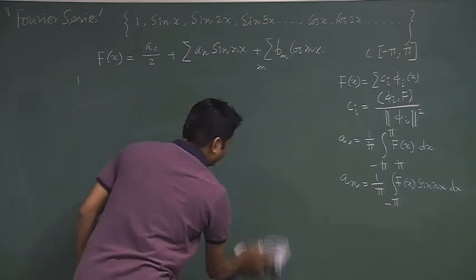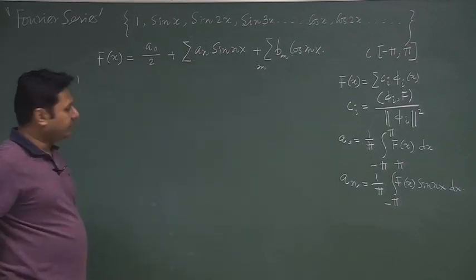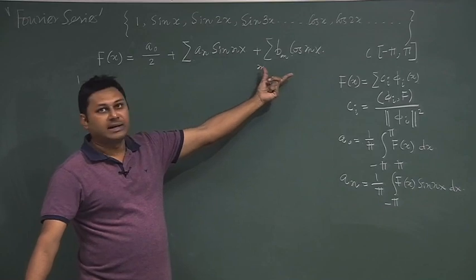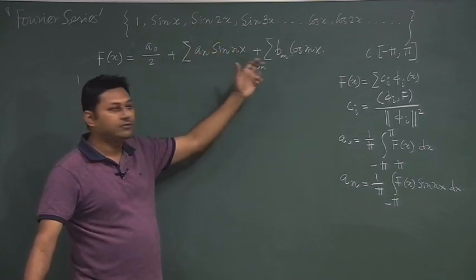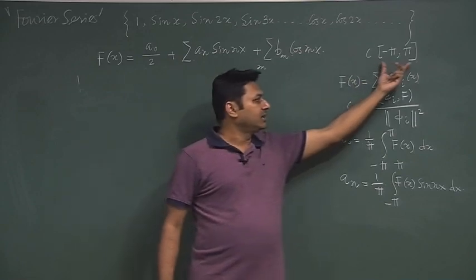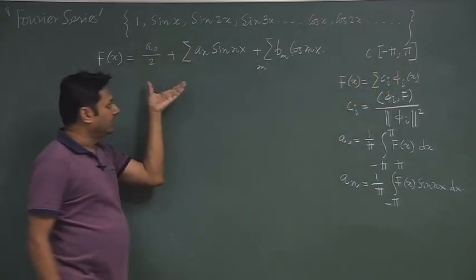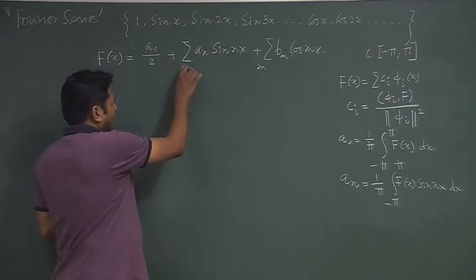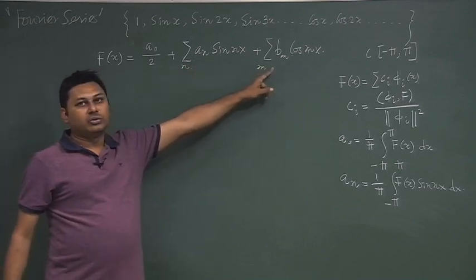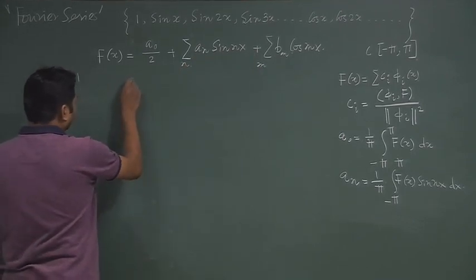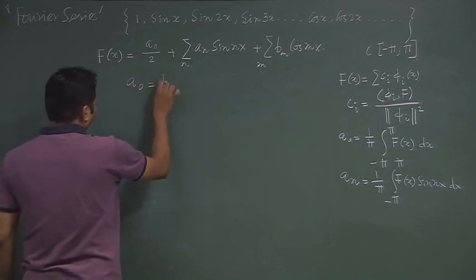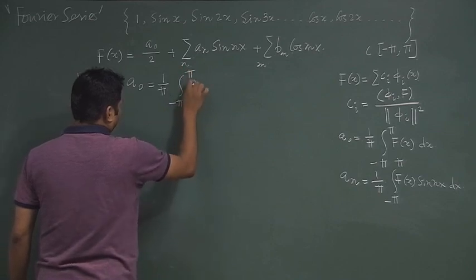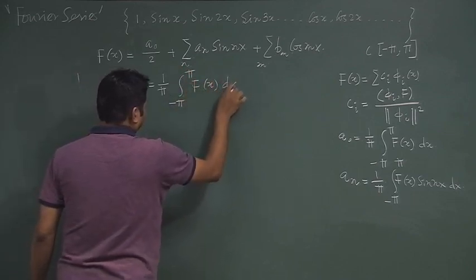If I can expand a function in terms of a sine and cosine series, which are orthogonal functions in the range minus pi to pi, along with 1, and I write this as an expansion of a function, then I can find the Fourier coefficients. The coefficient a0 should be 1 by pi, integration from minus pi to pi of f(x) dx.